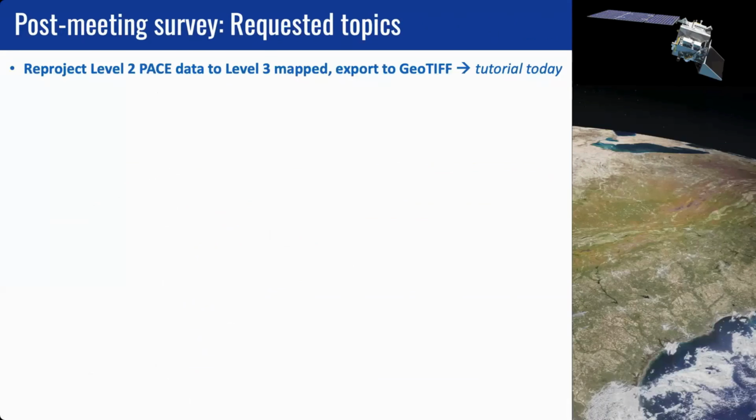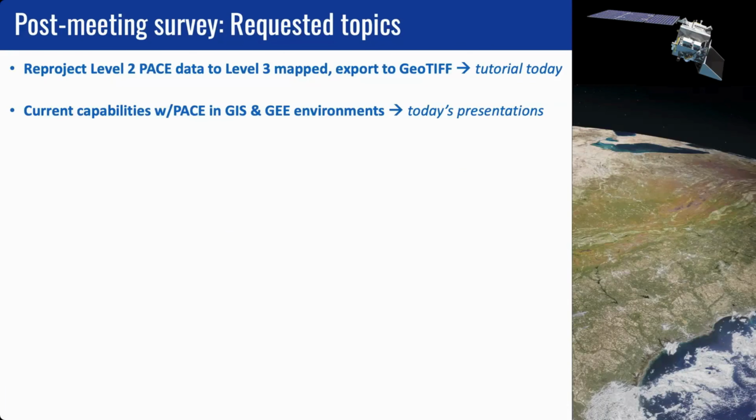I'm running a little bit short on time, so I'm not going to go into too much detail on our requested topics. But as I mentioned, in the survey I asked what topics you want to see for the next meeting. We got lots of answers, and as far as general ones, we saw a lot of GIS and GEE environment questions.